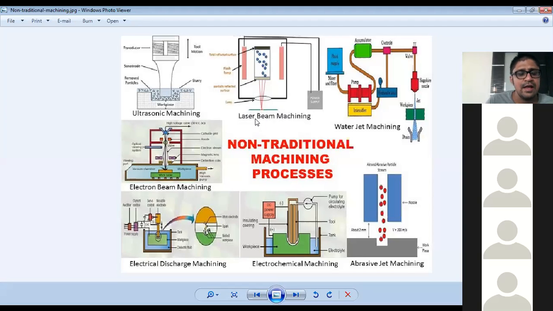The reason European industries have incorporated LBM is productivity. The volume production is terrific. Compared with all these processes, the productivity is very high with laser beam, and you know that industry always looks for productivity.